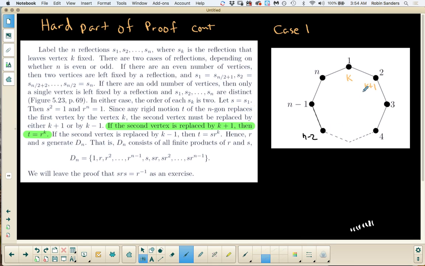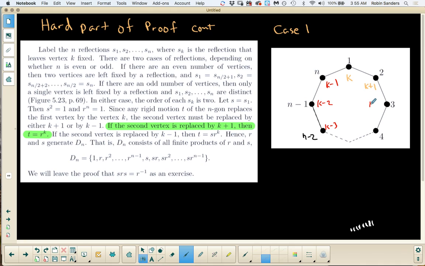In our first case, we have the 2 vertices there like that. Now we know that it's a rigid motion of the n-gon, and that forces this guy to be K minus 1, and this guy to be K minus 2, and this guy to be K minus 3, and so on.